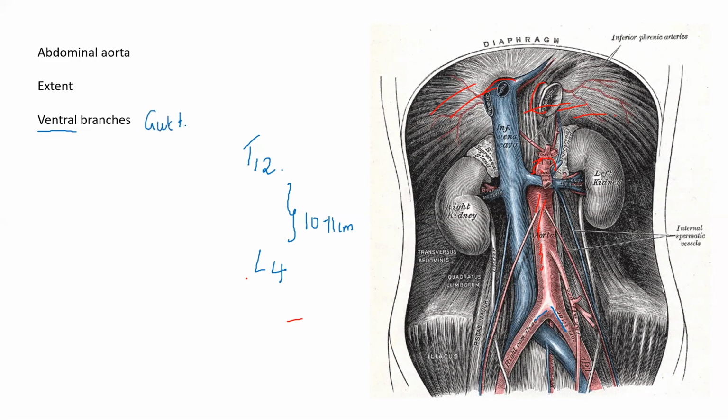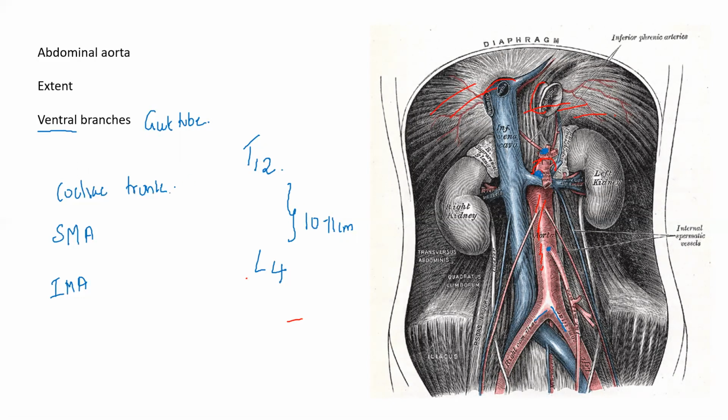gut tube. They are three in number: the celiac trunk, yes, the superior mesenteric artery, inferior mesenteric artery. If you want to see it here, yes, this is the celiac trunk, the superior mesenteric artery, and the inferior mesenteric artery.